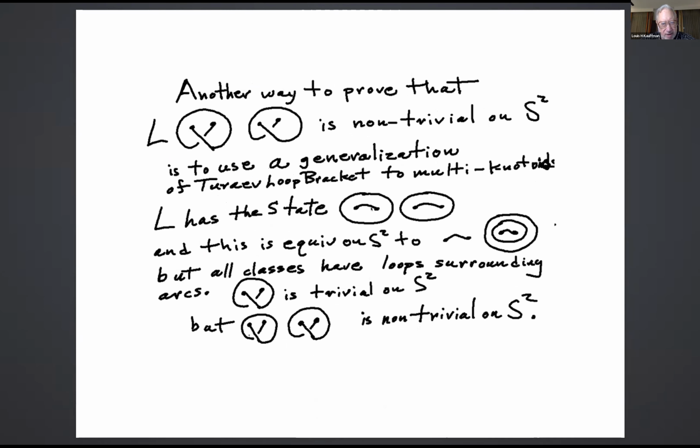And if you can't remove the loop from the arc up to isotopy in the space in which you're working, then you have to think of arcs surrounded by nested loops. Another idea of Churaev's in the case of connected knotoids, and this is a slight generalization of the same idea, where the category of loops around arcs can be non-trivial, even in the two-sphere, if there's more than one arc.